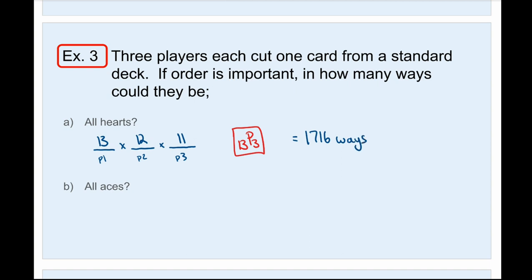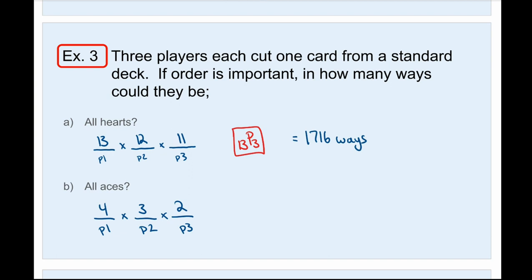For B, all aces, same idea. We're going to have 3 slots or 3 positions. Player 1, player 2, player 3. Player 1 could possibly pick 4 aces, multiplied by player 2, which would then have 3, and player 3, which would then have 2.